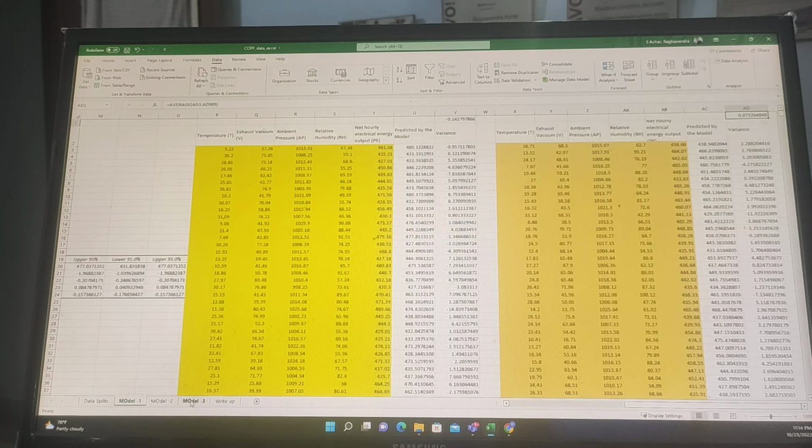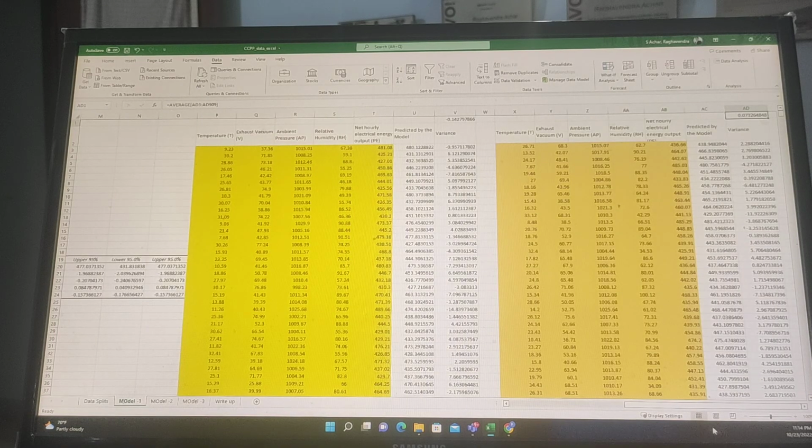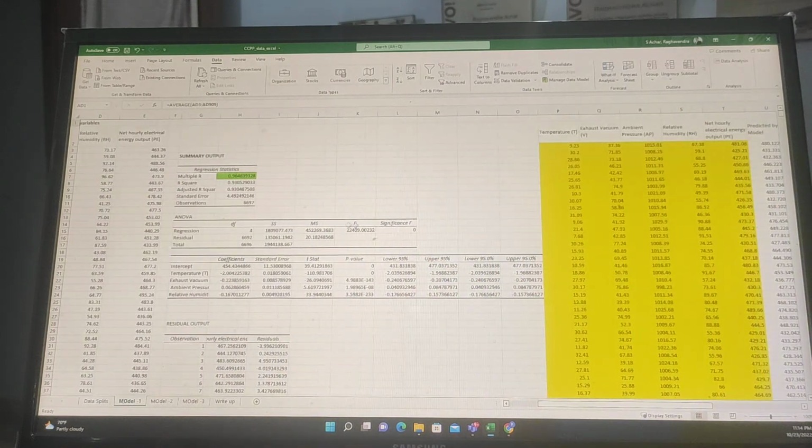Just to try out if it is looking good, I tried to see whether we really require this RH and AP, whether they really make a say. So I got rid of both of them and built a model which is just using temperature and exhaust vacuum, and that also had a very positive number, 0.964 when compared to about 0.9646.